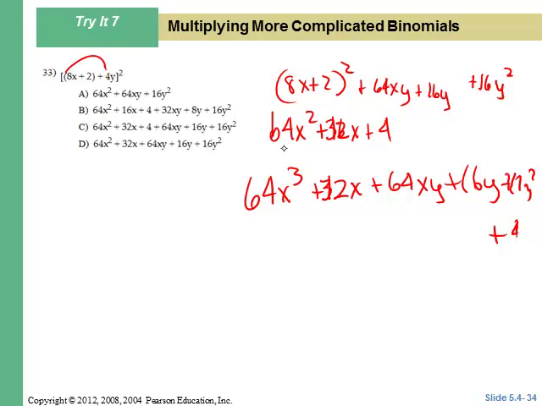Oh, I guess they just left them like this. 64x squared plus 32x plus 4 plus 64xy plus 16y squared plus 16y. Looks like letter C is the right answer.